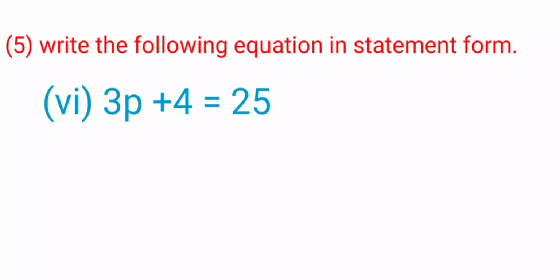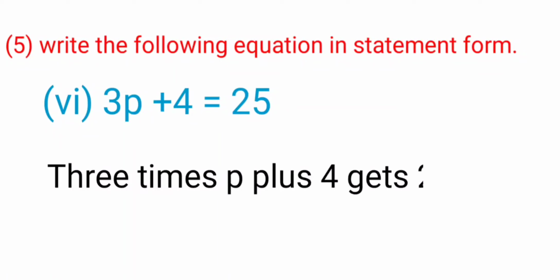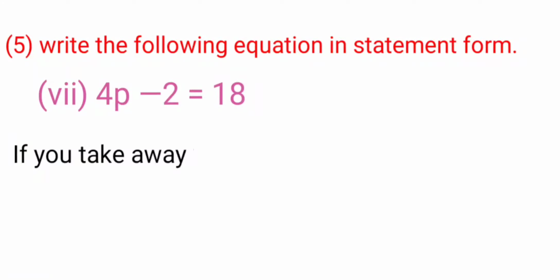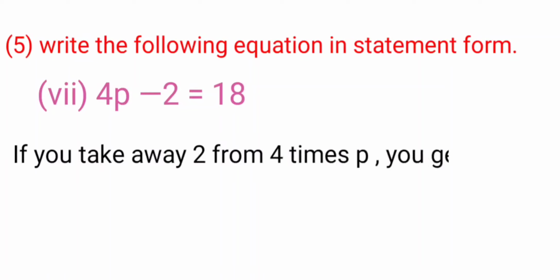Next, 3p plus 4 equal to 25. 3 times p plus 4 gets 25. Next, 4p minus 2 is equal to 18. If you take away 2 from 4 times p, 4p means 4 times p, you get 18.